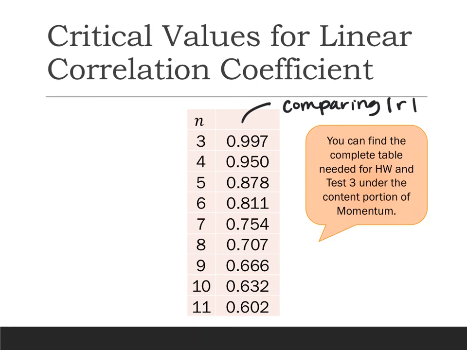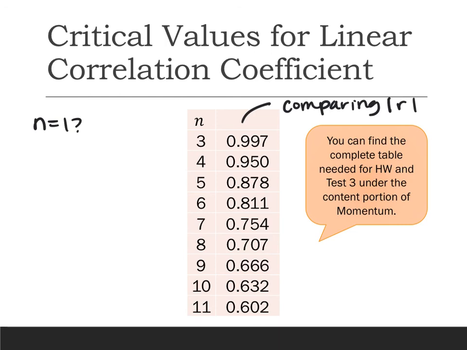Now, you may wonder, what about n equals 1? Why do I have n equals 3 as my first entry on this table? Well, if I have n equals 1, it means I have a sample of 1. So think about that. If I have a sample of size 1, if I have one data point, I can draw an infinite number of lines through that data point.